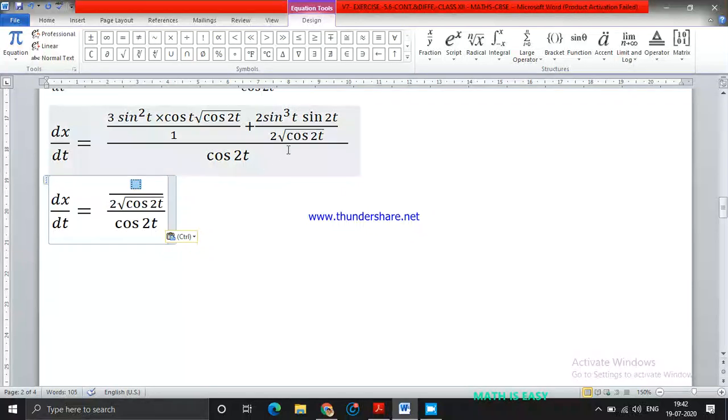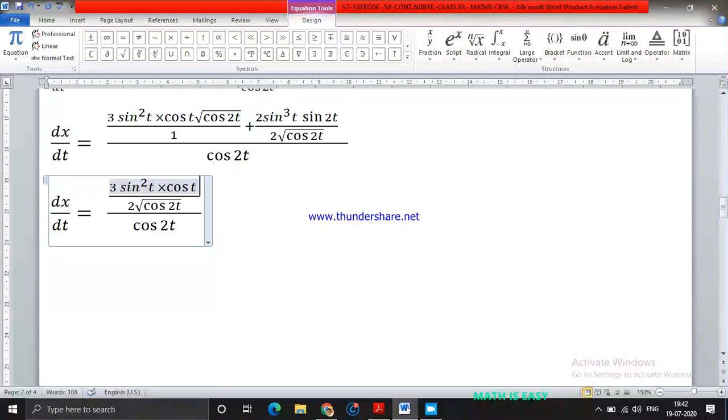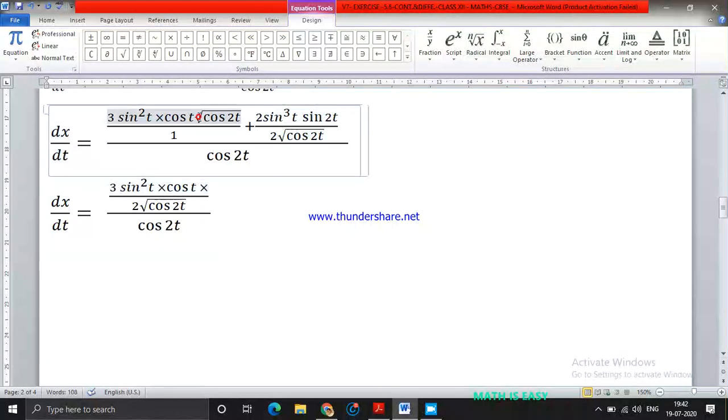So this is the LCM. After taking the LCM, now this denominator will multiply with this numerator. So these terms will remain the same. See, this is root x, this is 2 root x. If I keep 2 aside, root x into root x will be x only.